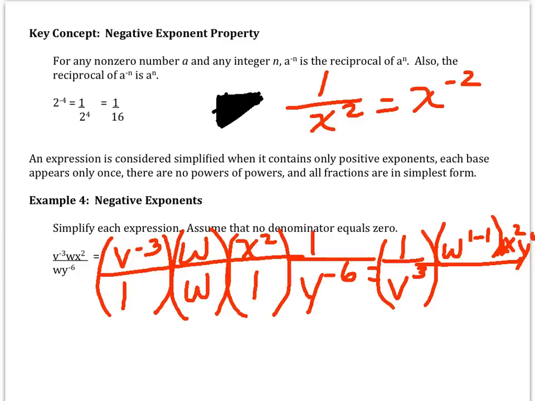So that's going to leave us with w to the 1 minus 1, which is 0, and we know that's 1, so we have x squared y to the 6th in the numerator, and v to the 3rd in the denominator.